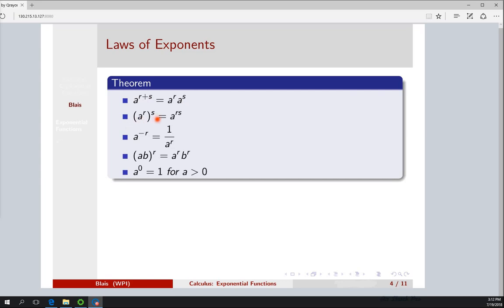A to the r raised to the s power is a to the r times s. A to the minus r is 1 over a to the r. And then if we have ab raised to the r, we can distribute that power of r. And a to the 0 is 1 for any a greater than 0. Again, these are rules that you will already know from your previous studies. And they still hold in this situation now that we have a continuous function a to the x.